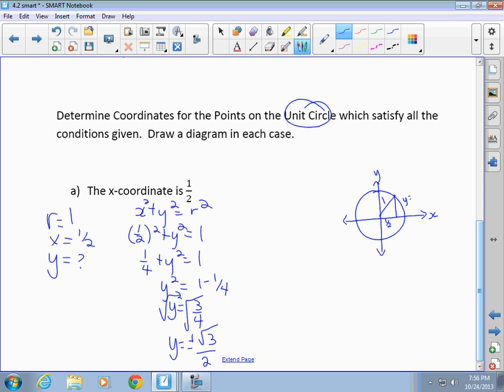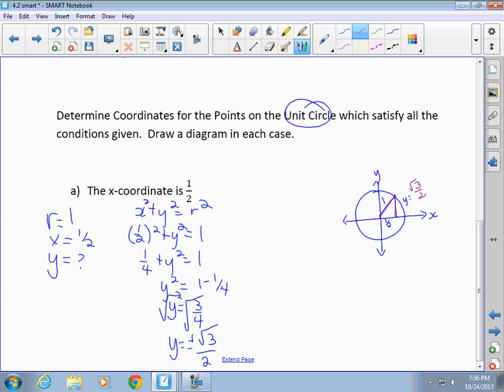So possible cases where this is, in this case here, let me do this in purple. So this one here, we're having x equal to 1/2, then this y would equal the positive square root 3 over 2.